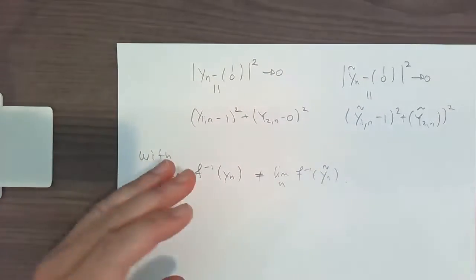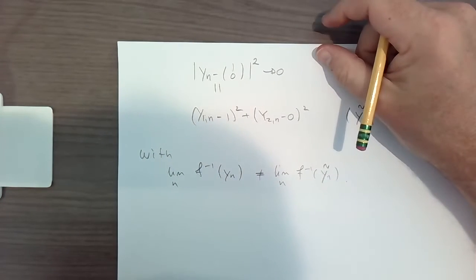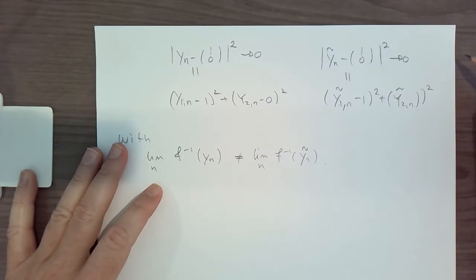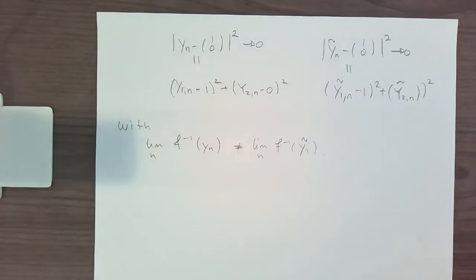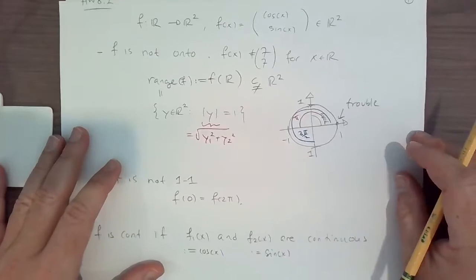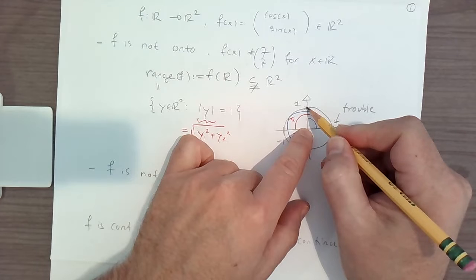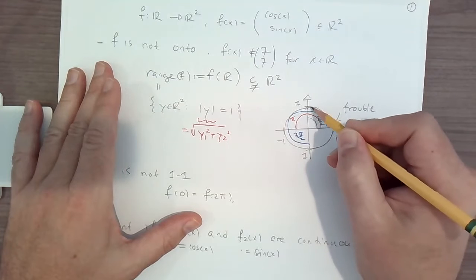Question. Alex is asking, wouldn't the inverse of (0, 1), this point here, map to pi over 2?